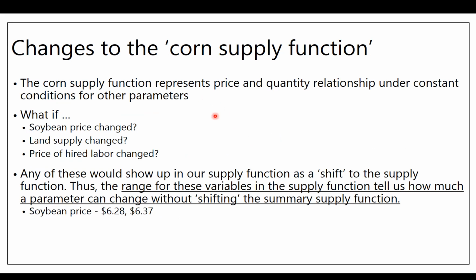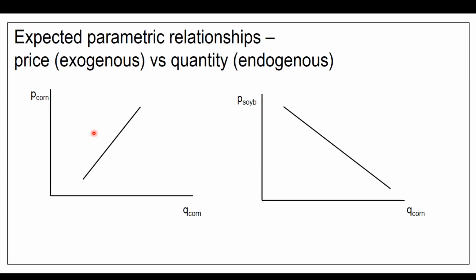Okay, so the corn supply function represents price and quantity under constant conditions. So it's important for us to keep in mind that it's definitely an all else constant situation. So we would ask ourselves, what if the soybean price changed, right? So if we go back here, we know the price of soybean changing has a relationship to the quantity of corn. And if it is an inverse relationship, then a price of soybean going down, causing us to be expansionary in corn, means that we would be shifting.